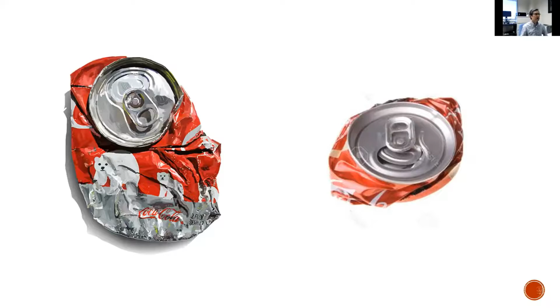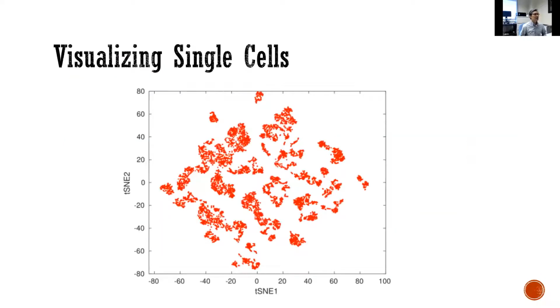Again, they are the same object, but it depends on how you are going to reduce the dimension. Different algorithms may give you different results as embeddings of the low dimension. So don't be surprised if you see different outcomes when different algorithms are applied to the same set of data.